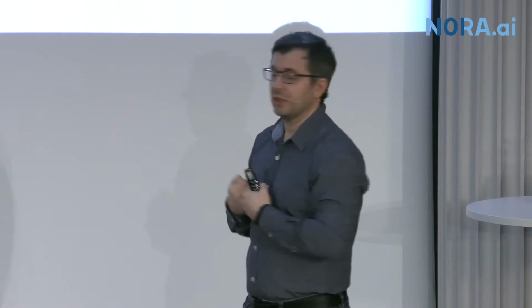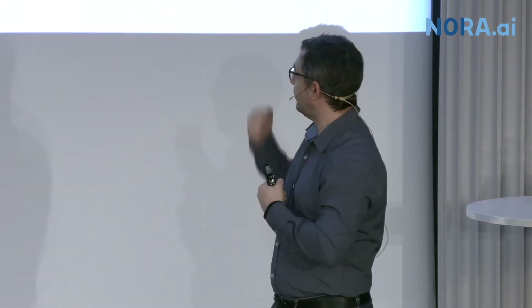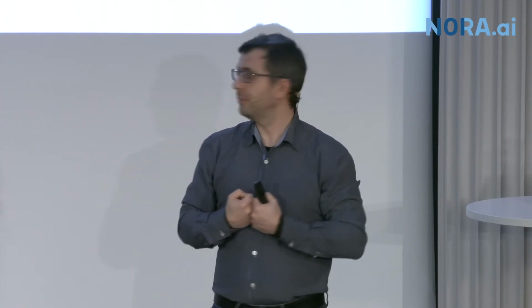So you download, for instance, the pre-trained language model for the language of your choice. You fine-tune it, which means that you're changing the parameters to optimize your model for the particular task that you have. And then you apply these fine-tuned models for your task, right?